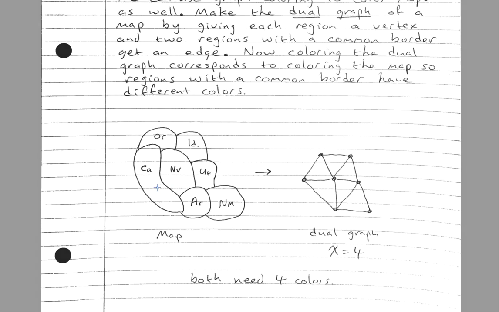first make the dual graph. Each region gets a vertex: Idaho, Nevada, Arizona, New Mexico. And then if 2 regions have a common border, they get an edge connecting them.